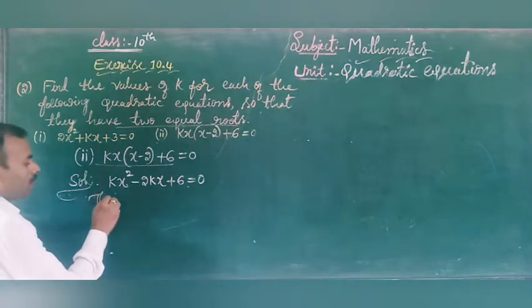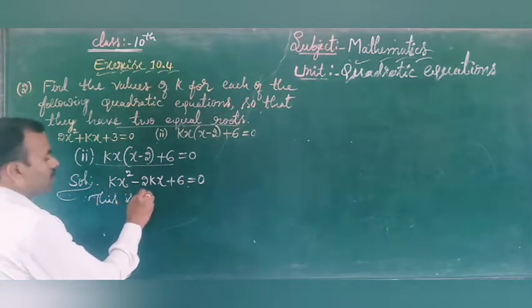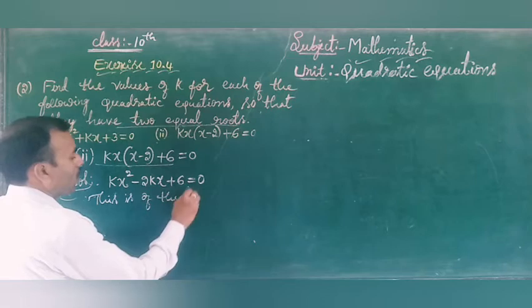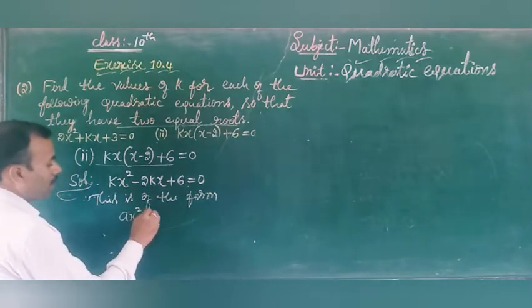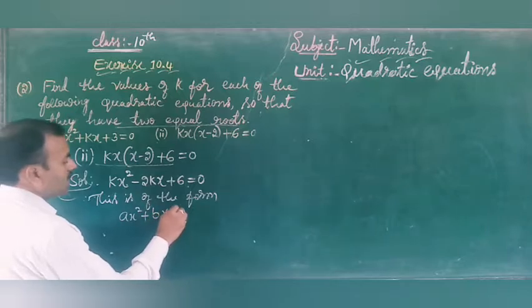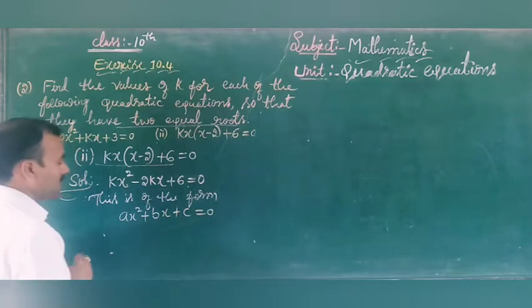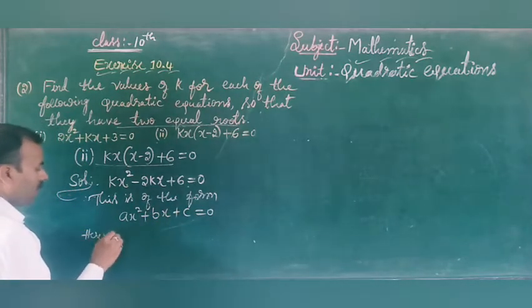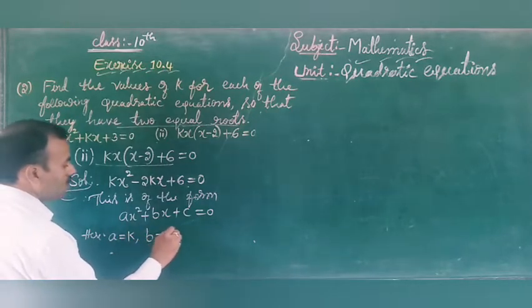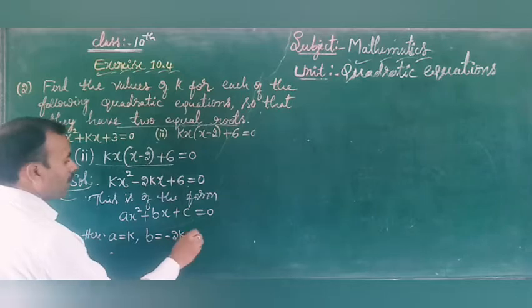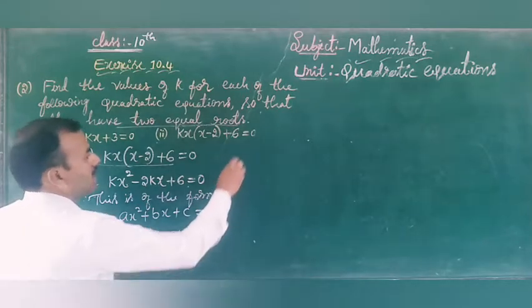Now consider the equation kx squared minus 2kx plus 6 equals 0. This is of the form ax squared plus bx plus c equals 0. Here a equals k, b equals minus 2k and c equals 6.